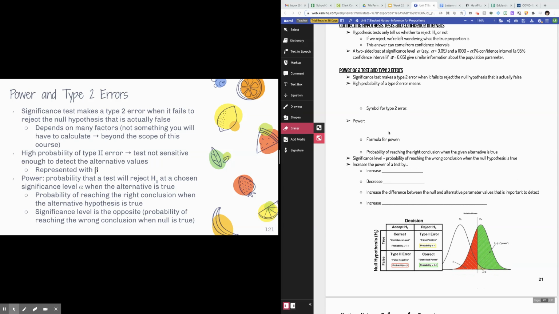So when you run a significance test, a hypothesis test, like I told you in the previous video in this section, it's always possible that you get something wrong. Just as a reminder, a type 2 error occurs when you fail to reject the null, but that null is actually false. It should be rejected, but our test tells us not to reject it.